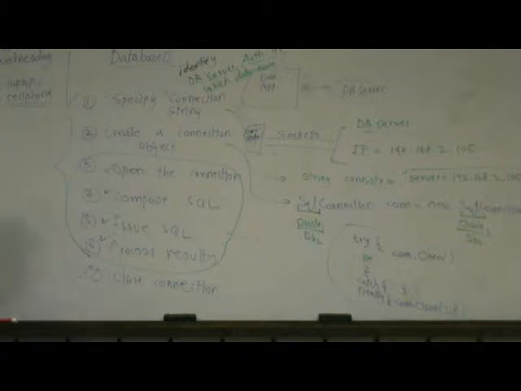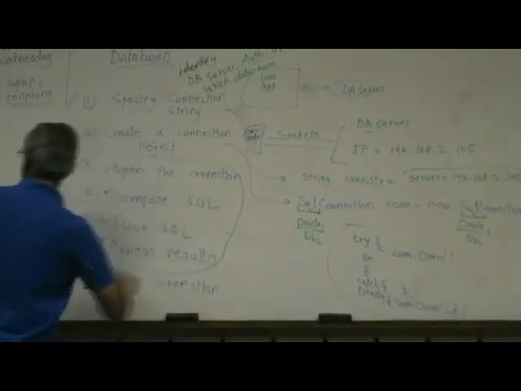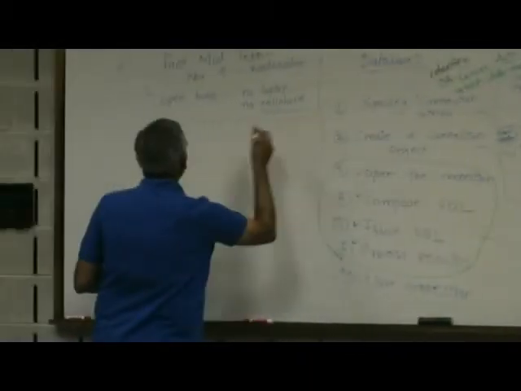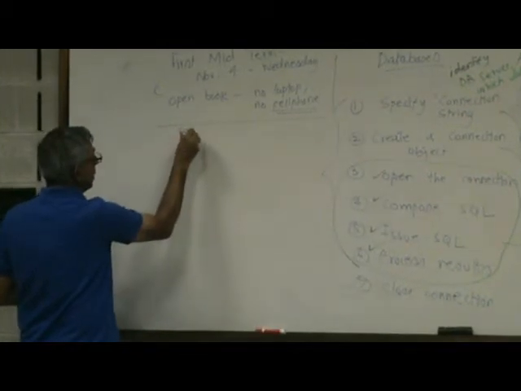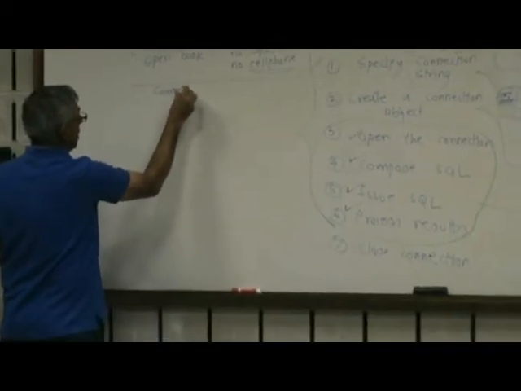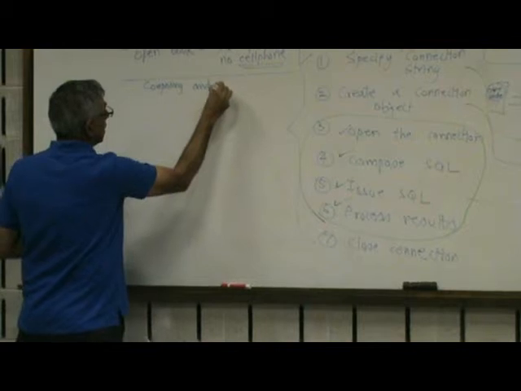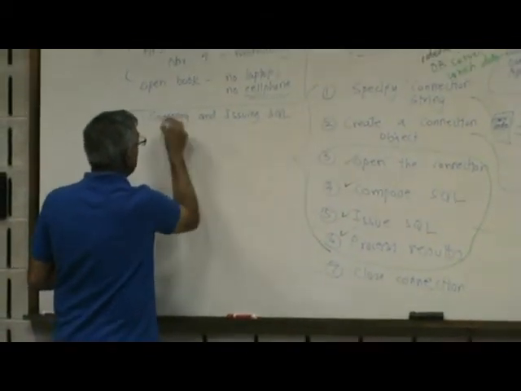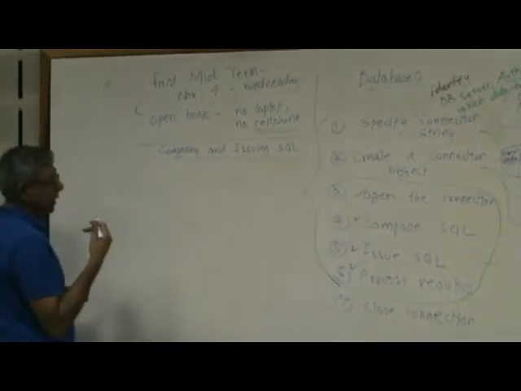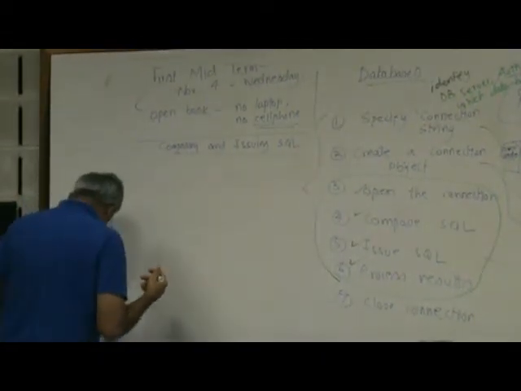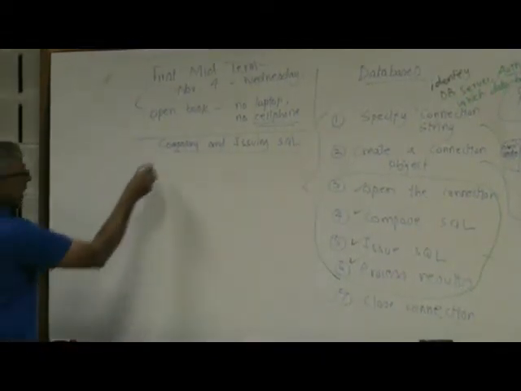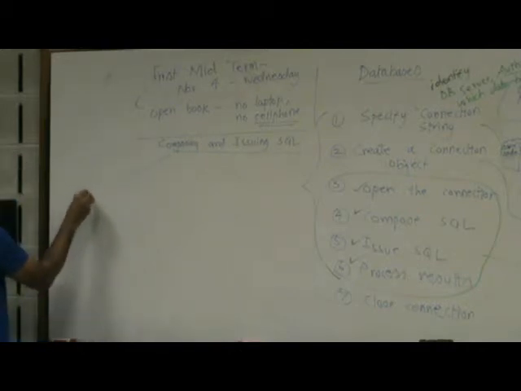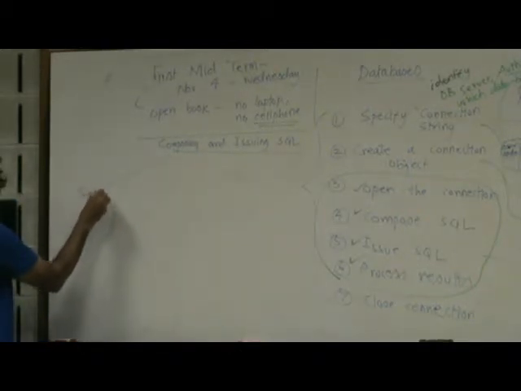So let me go over here. Composing and issuing SQL. Okay, so typically there are 4 kinds of needs that we have with the database. We want to get a single answer from the database.